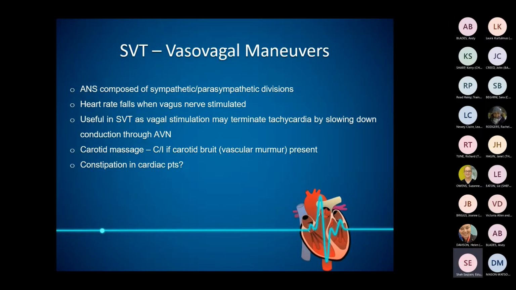Whether it's swallowing ice cubes or sucking your thumb, any vagus nerve stimulation can reduce heart rate as long as there's no obvious sinoatrial disease. Carotid massage is not something you'd want to do unless you're trained and can assess for any abnormalities there.